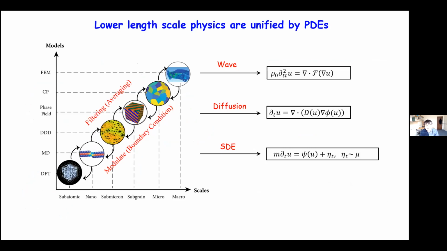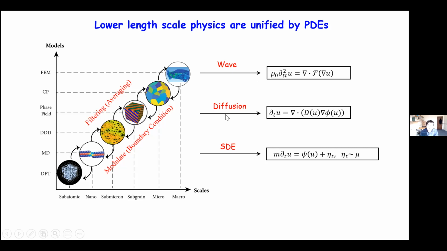What do we mean by all these lower length scale models? They can actually be unified by partial differential equations, most of which are well known. For example, at the continuum level, we have classical continuum mechanics, which is basically a wave equation in dynamics and an elliptic PDE in statics.